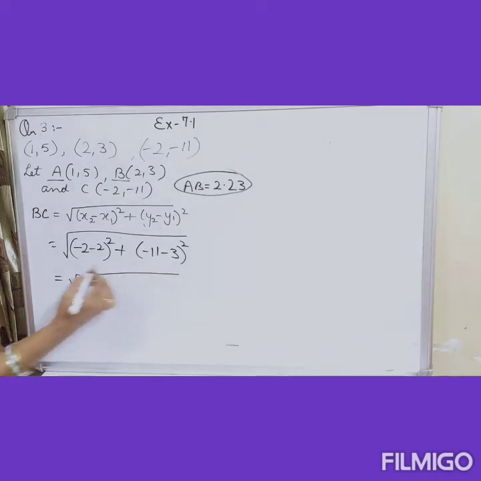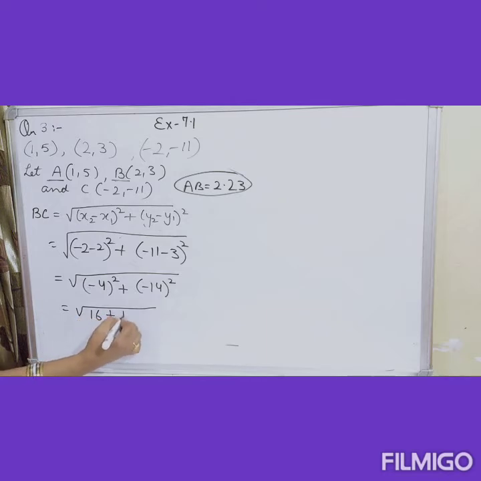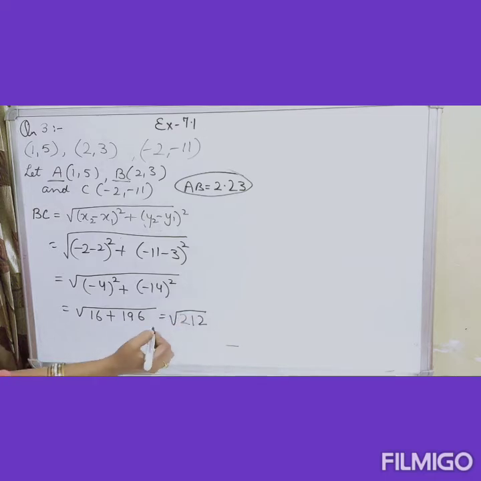Now it will be equal to minus 4 whole square plus 14 whole square, which is 16 plus 196, so it will be 212, and after solving the root of 212 you get the value 14.56.